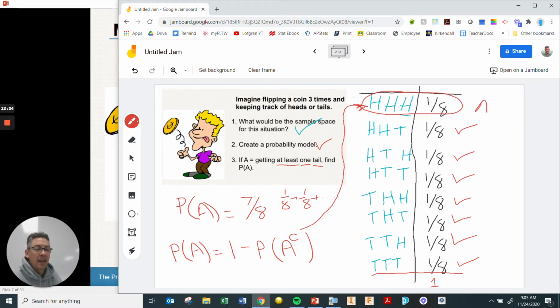This would be a complement right there. So I could come up with the answer by doing 1 minus the probability I don't see any tails at all. 1 minus 1/8, 7/8. Again, I get the same answer, but you're going to notice with probability, sometimes it's easier to find the probability one way or another. Sometimes it's easier to find the probability of what you're not looking for and then subtract it from 1.